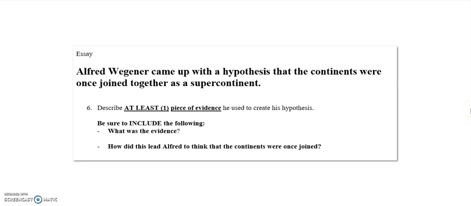All right, on the back, here is the essay. Alfred Wegener came up with a hypothesis that the continents were once joined together as a supercontinent. Number 6 says, describe at least 1 piece of evidence he used to create his hypothesis. So you need to pick 1 piece of evidence that Alfred used to create his hypothesis.